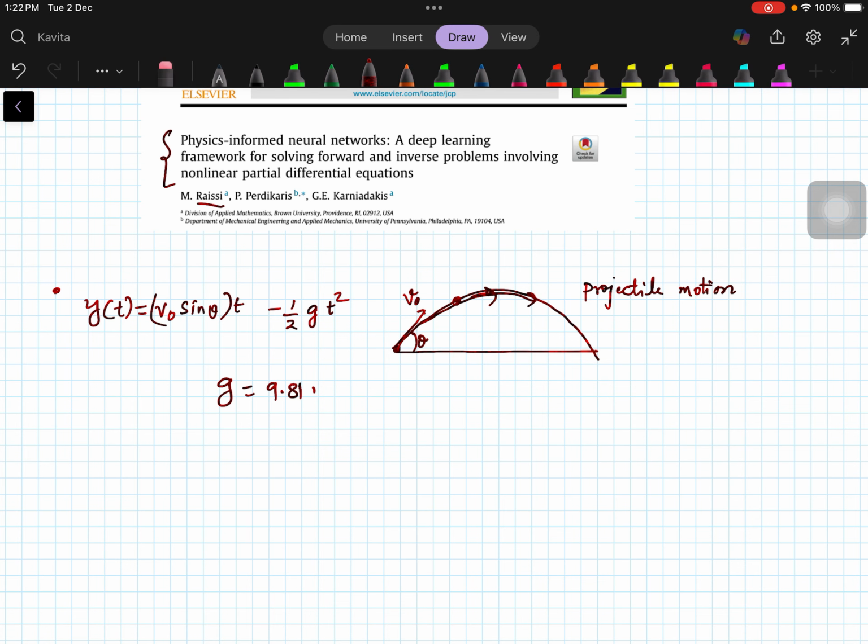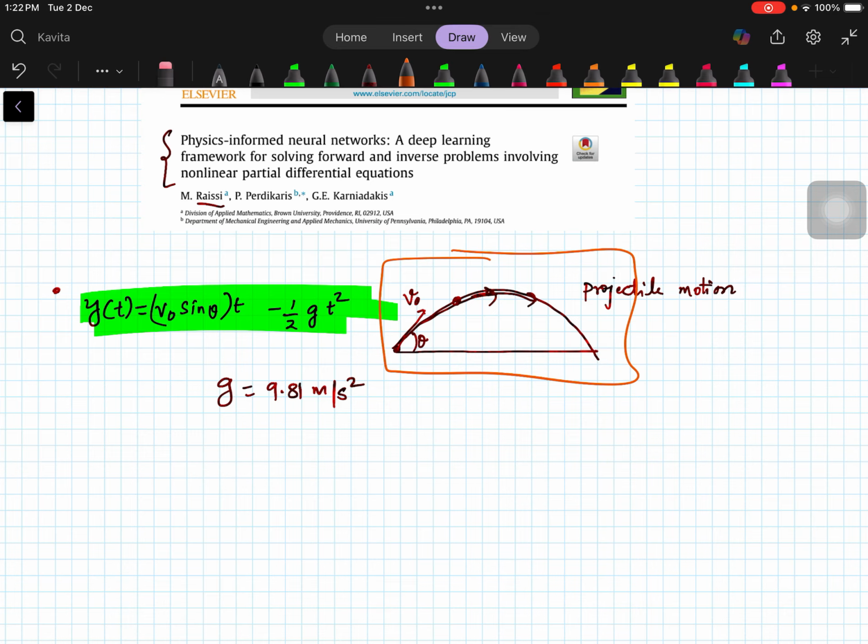This is the exact equation of the path for this particular model. Because this is a simple model, we could always solve for this equation. And here we are assuming that this is the height 0 level.